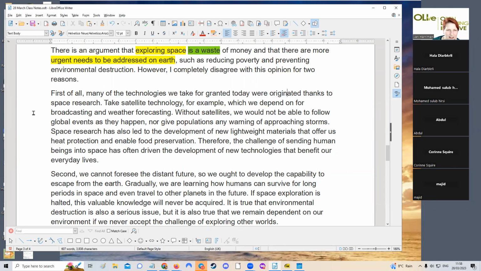How have they started this paragraph? What have they done with this first paragraph to show, what language have they used to show their structure to the reader? It's not a trick question. It's a very easy one.